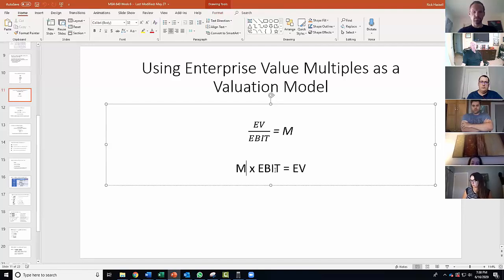It's not a value based on the Gordon growth model, but it is a value at that point in time. And the only thing we need to be careful about is that we use the right multiple, which we'll talk about in a moment, and we use the EBIT or whatever the cash flow variable is that we're using for the next period. So if we're using it as a continuing value, it would be for the year after the explicit period. And if there is no explicit period, it would be for this next year.